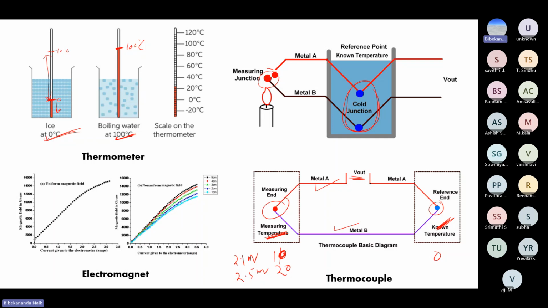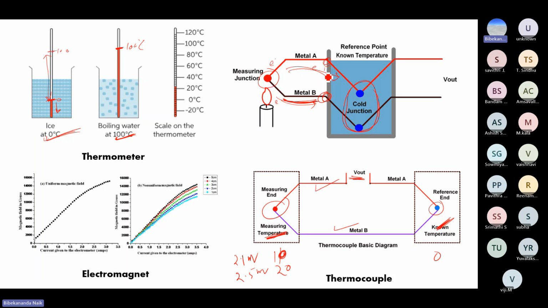Suppose it is being heated here, and in this metal the electrons are more, so electrons will go to the colder side. Electrons will flow in this direction. In this case also the electrons flow in this direction, but since the two metals are different, their properties are different. So the potential created here and the potential created here will be different because there will be a different rate of flow of electrons.